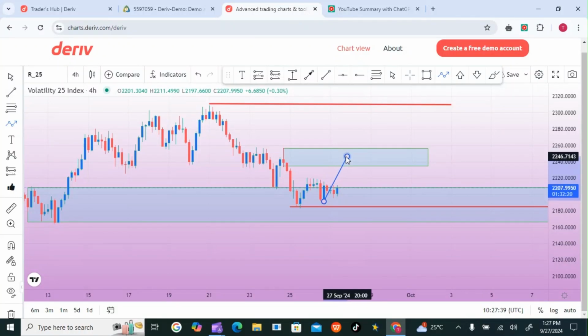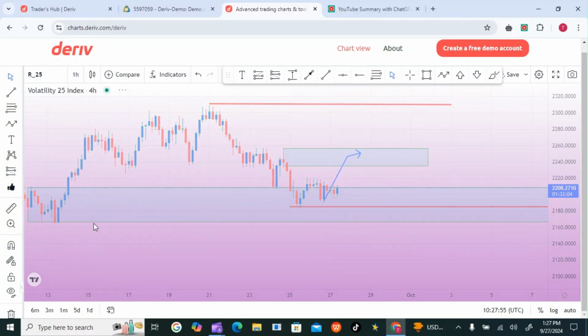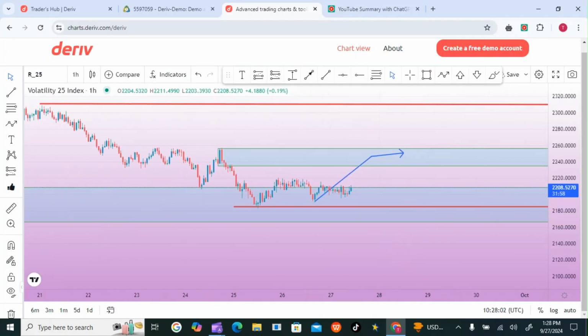This zone becomes an area of interest, either moves up or moves down. So we know that we are now aiming for buy opportunities, guys. I'll go back to the 1 hour and see whether there are opportunities to take buy trades or uptrends.